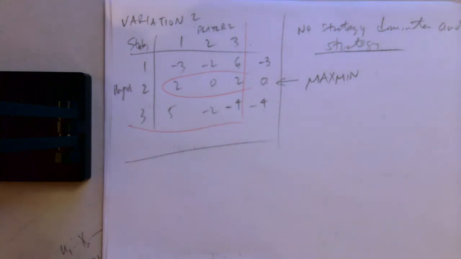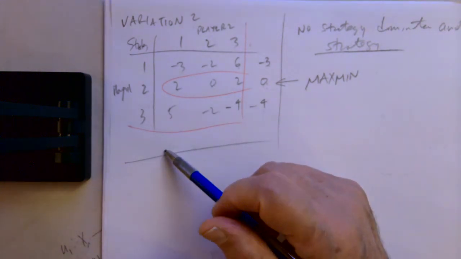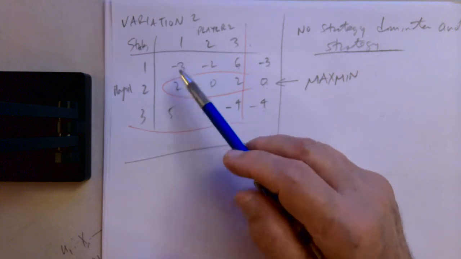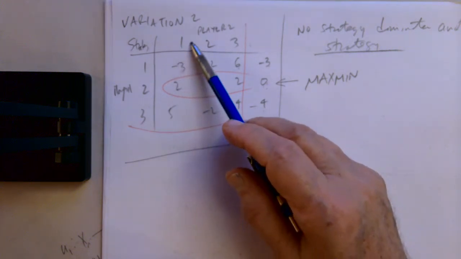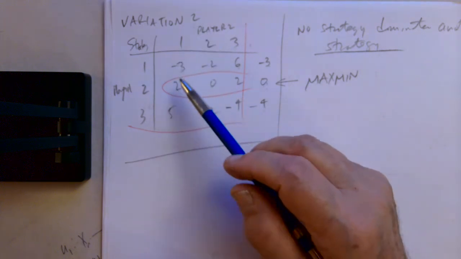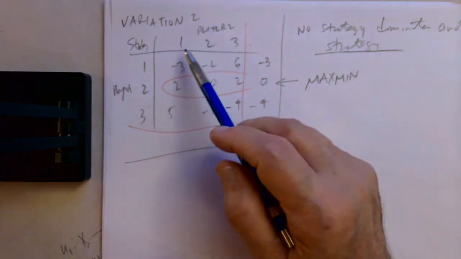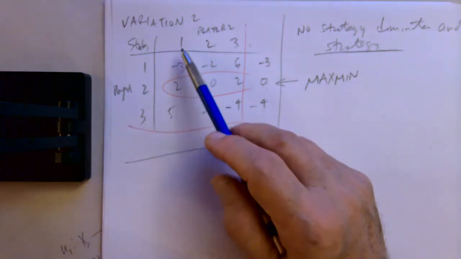Now, player number two analyzes this problem exactly the same way. Remember, for him, everything is opposite in sign. So -3 means player one loses 3,000 votes, which means player two gains 3,000 votes. So what's the worst that can happen to player 2 if he chooses strategy 1?